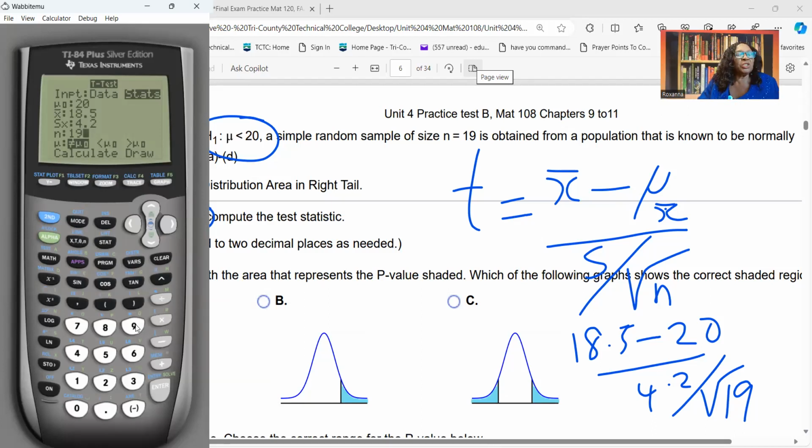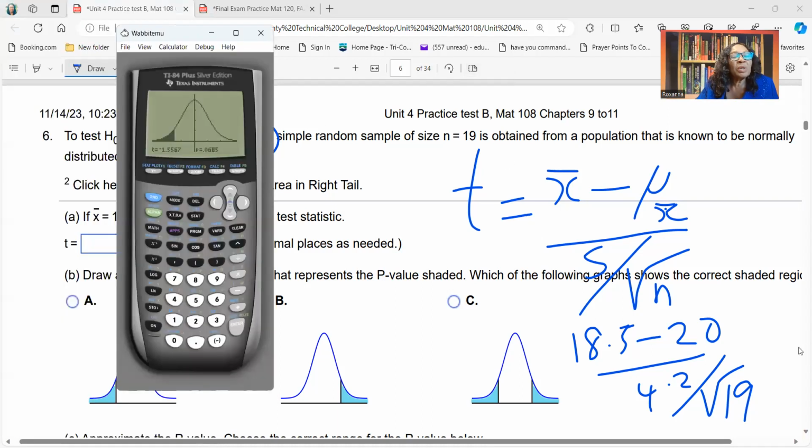So they give me a left tail test, so I select left tail test. I told you I like to draw in hypothesis testing, so I'm going to draw. And by the way, looking at the question, the alpha, the probability of rejecting the null hypothesis, I think it's 5% somewhere.